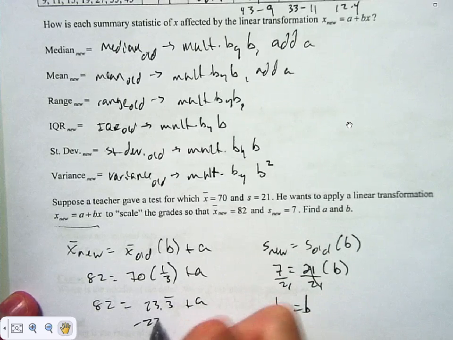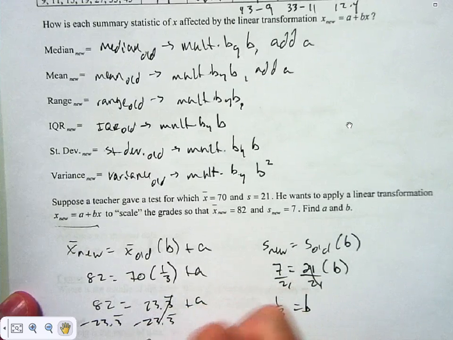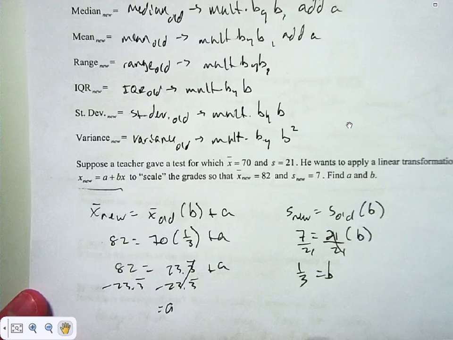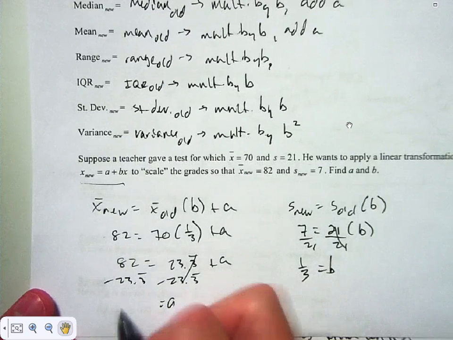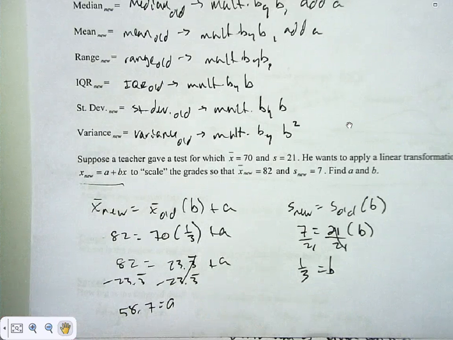And then I'm going to subtract 23.3 repeating from both sides. And so a ends up being 58.7. So if I want my new mean to be 82 and my new standard deviation to be 7, then I'm going to take everybody's test score, multiply it by 1/3 or divide by 3, and then add 58.7 to it. Okay?